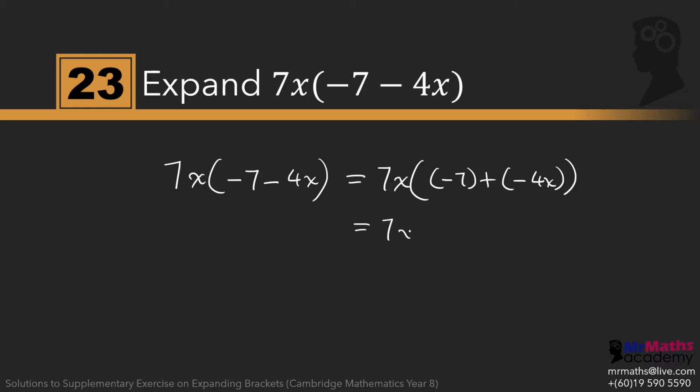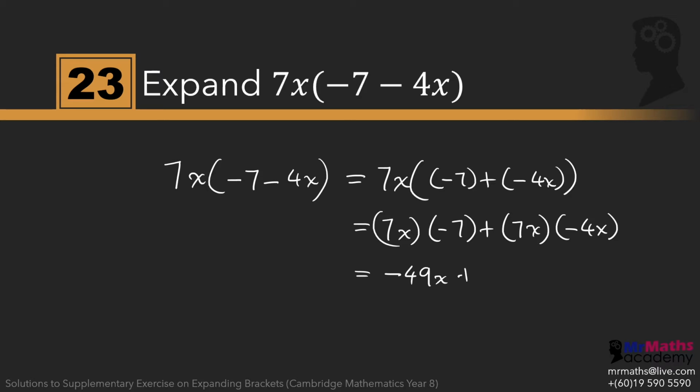So that is minus x times minus 7 plus 7x times minus 4x. 7 times minus 7 becomes minus 49x, plus, and we still have negative and positive terms, so it becomes minus here. 7 times 4 is 28, x times x is x squared. So now we have minus and plus meeting together becomes minus. So minus 49x minus 28x squared.